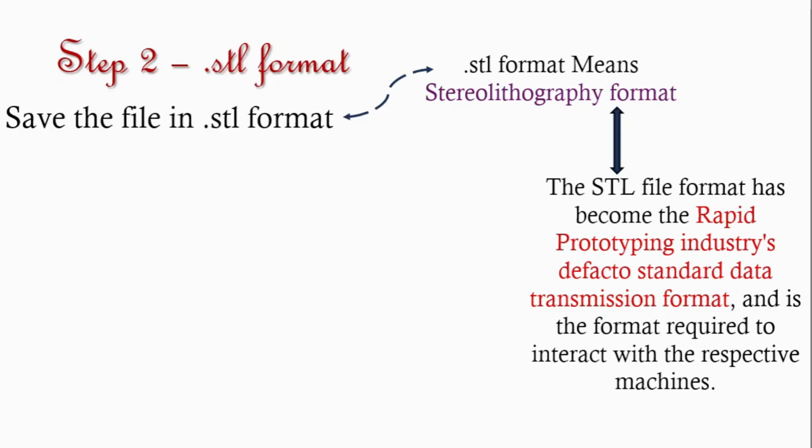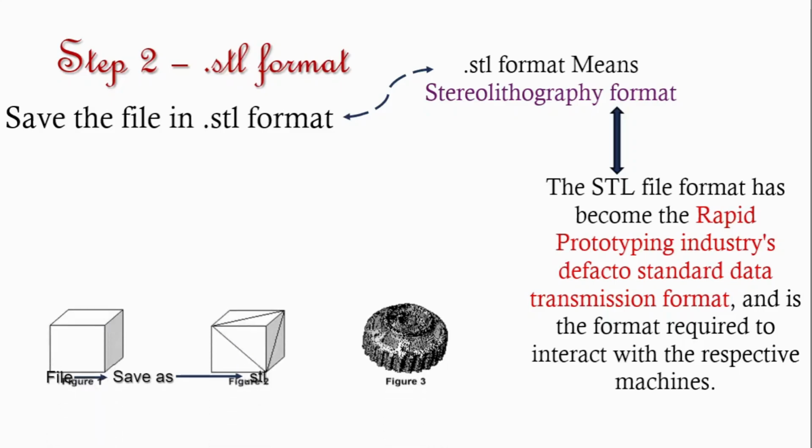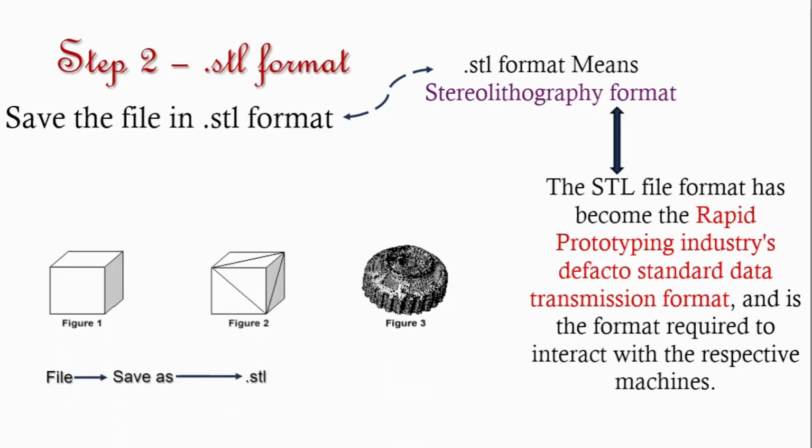So how do you get this .stl file format? In any software, you go to the file option, then click on save as, then click on the .stl format. Your product shape will be saved in the .stl file format.